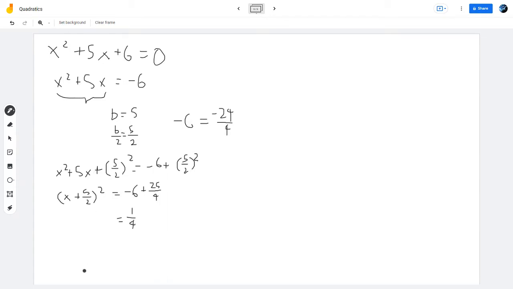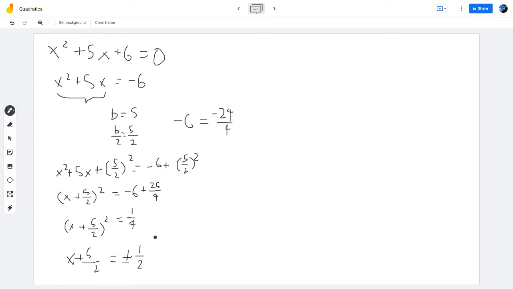And now we take the square root of both sides. So we have x plus 5 over 2 is going to be equal to plus or minus 1/2, right?